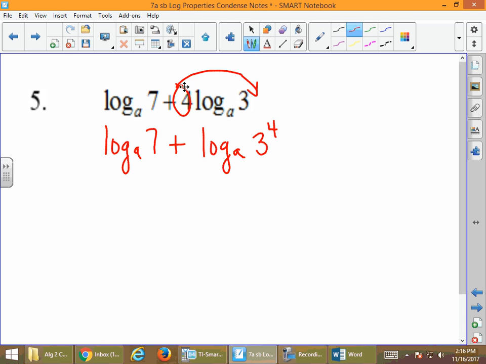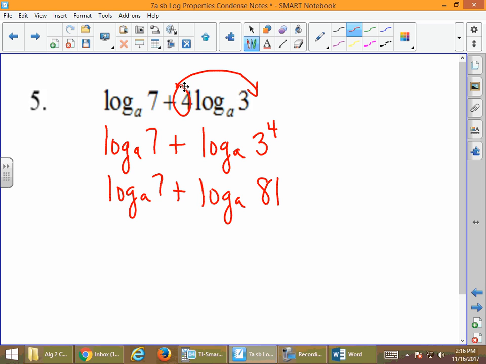And again, some of you might not even write down 3 to the 4th. You might write down the fact that 3 to the 4th is 81. Well, what operation does plus tell us to do?